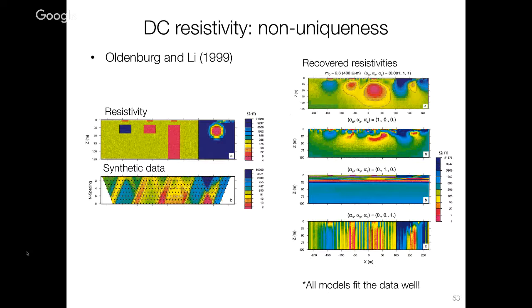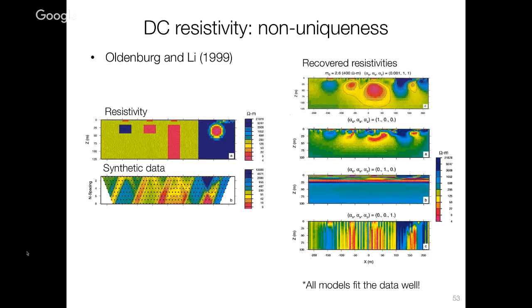If, on the other hand, you just care about smoothness, and you say, I want to find a solution that is smooth in the horizontal direction, and you push that to the limit, you can get something that looks like this. These models are all really smooth, every layer, and that's what you ask for.